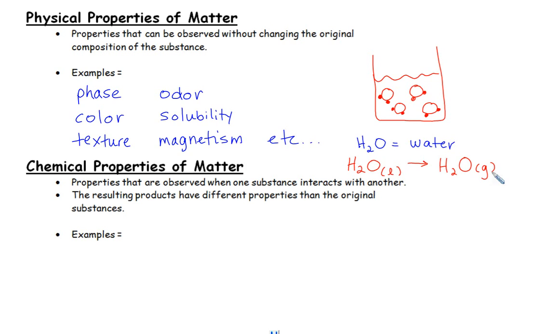It's the exact same structure. Here's the only difference. In the liquid phase, those particles are still kind of close to each other. They're flowing around, obviously. They have a little bit of energy. But if I heat these water molecules and give them enough heat that they change phase, now I've got water in the gas phase.